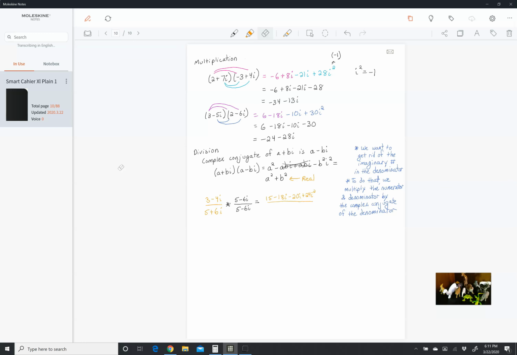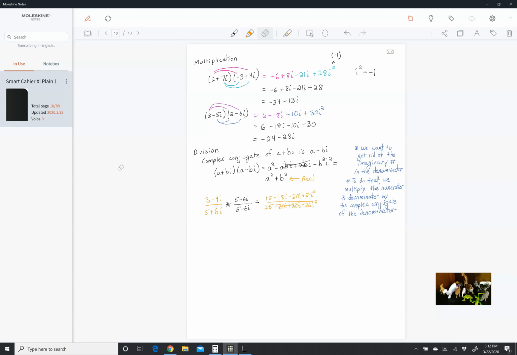On bottom, 5 times 5 is 25. 5 times negative 6 is negative 30i. 6i times 5 is plus 30i. And 6i times negative 6i is negative 36i squared. So you can see here that the negative 30i and the positive 30i cancel. That is what is supposed to happen, okay?